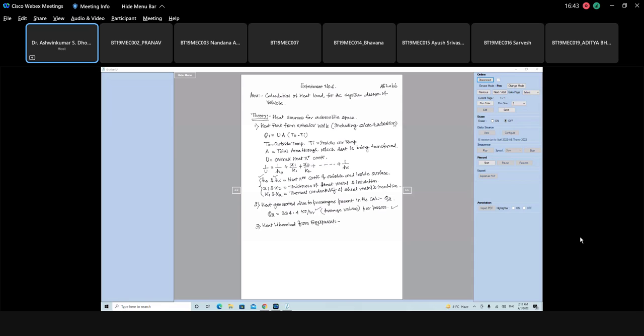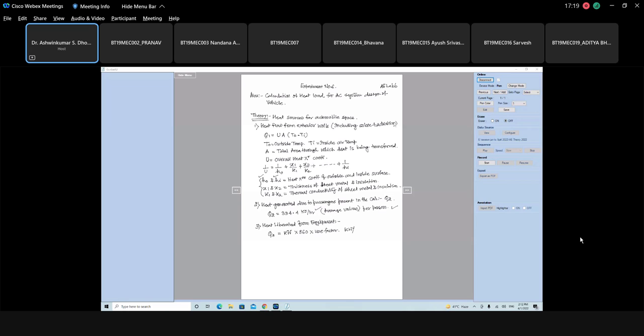This is taken as Q3, which is equal to the kilowatt specification of that particular equipment multiplied by 860 multiplied by the use factor.